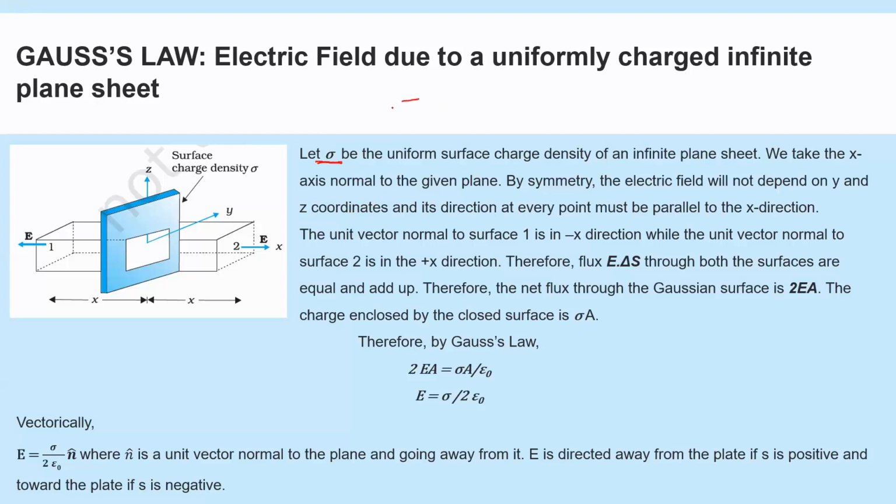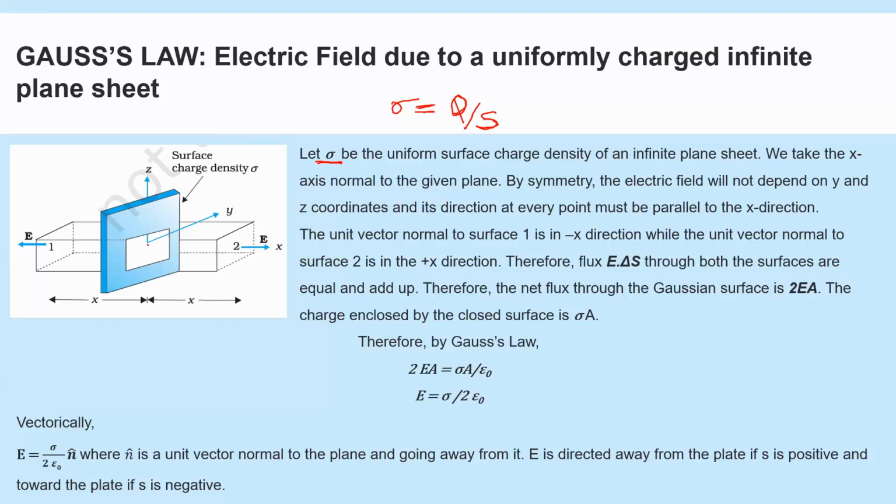If you remember, sigma equals Q, if you consider the entire one, by S. Sigma is your uniform surface charge density, and we are considering an infinite plane sheet. The x-axis is going to be perpendicular to your plane sheet.